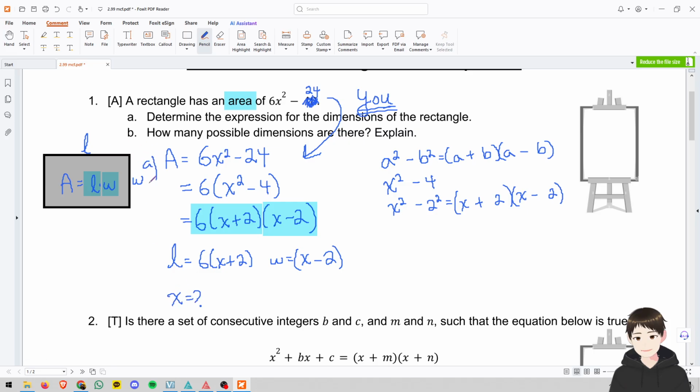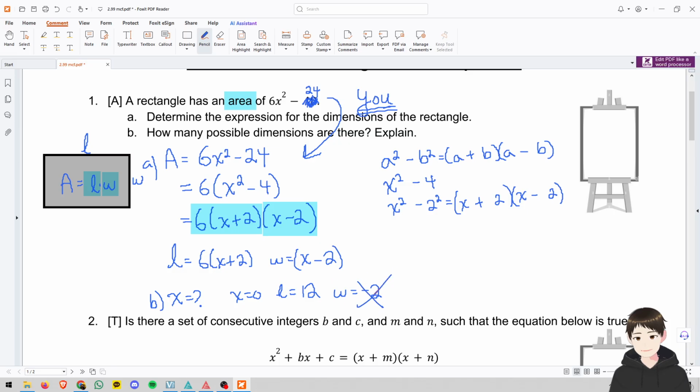Long story short, there's a million different dimensions that are possible as long as we had given it another x value. Like if I said x equals 0, then my length would be 0 plus 2 times 6, and the width 0 minus 2.